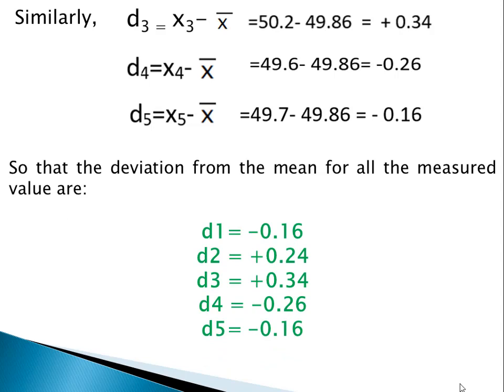So in this problem, the deviation from the mean for all the measured values are d1 is equal to minus 0.16, d2 is equal to plus 0.24, d3 is equal to plus 0.34, d4 is equal to minus 0.26, and last deviation, that is d5 is equal to minus 0.16.